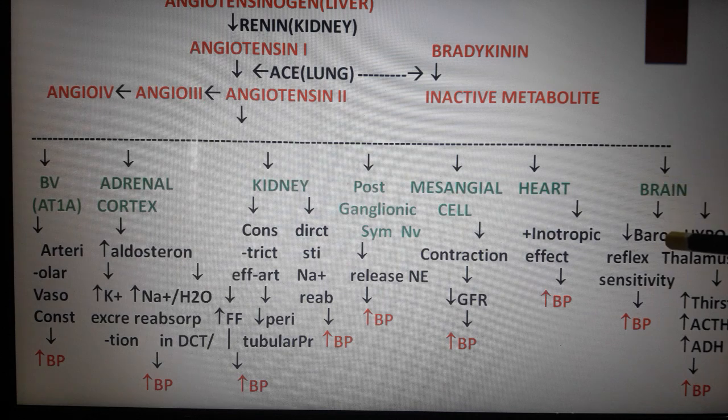In brain, it decreases baroreflex sensitivity and thus increases the BP, by increasing the pressor effect. It acts on the hypothalamus and increases thirst, increases ACTH and increases ADH, which causes the increased BP.